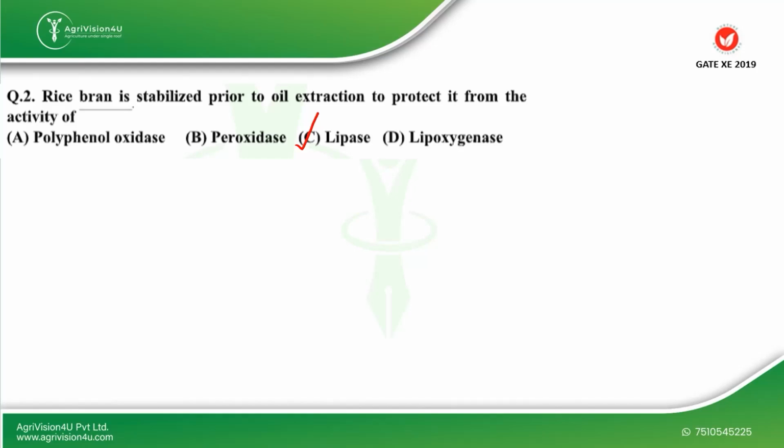extraction, because lipase catalyzes the hydrolysis of the triglycerides and breaks them down into fatty acids and glycerols. So this can lead to rancidity or off flavors in the oil.